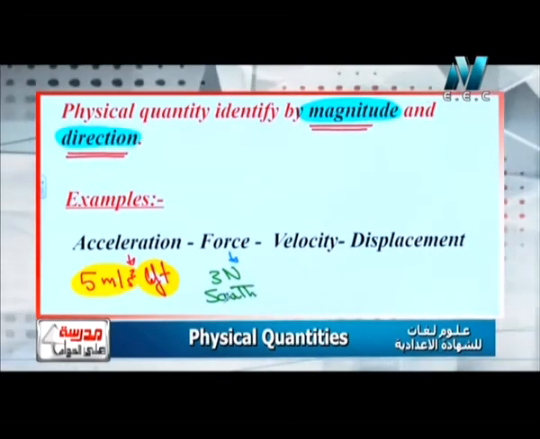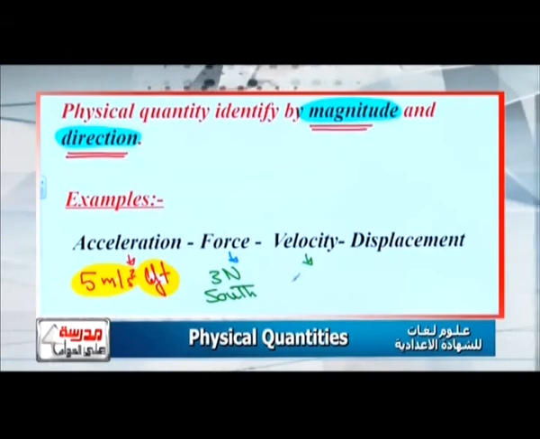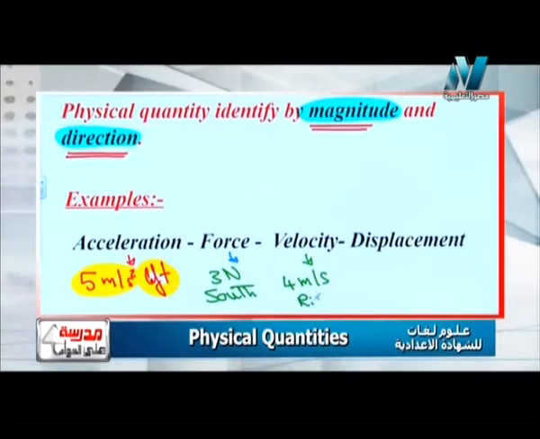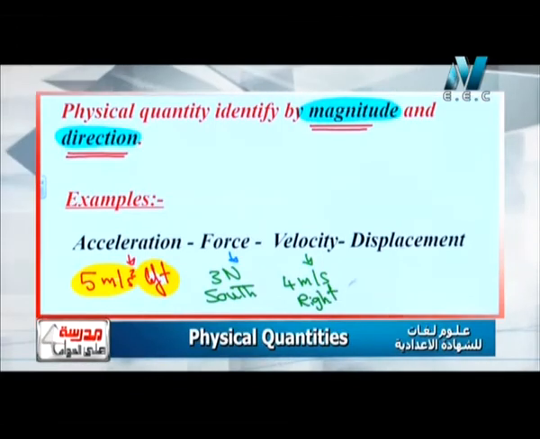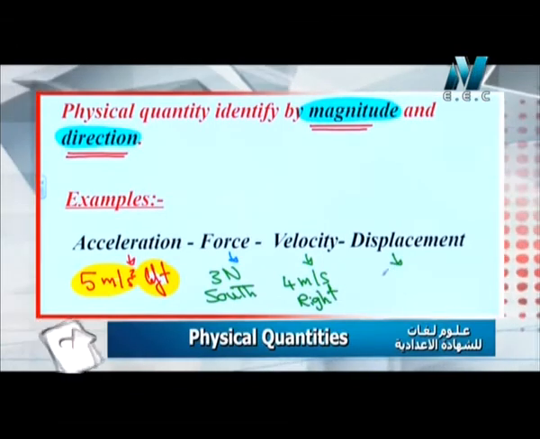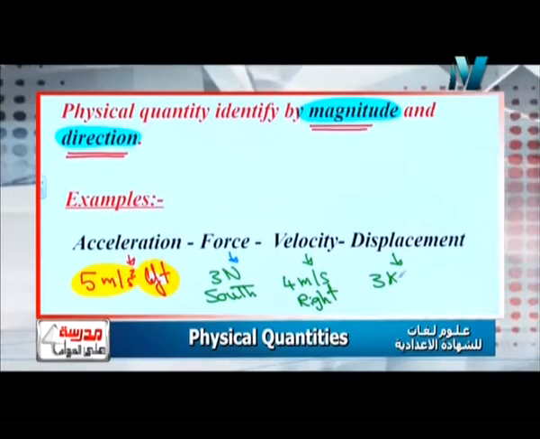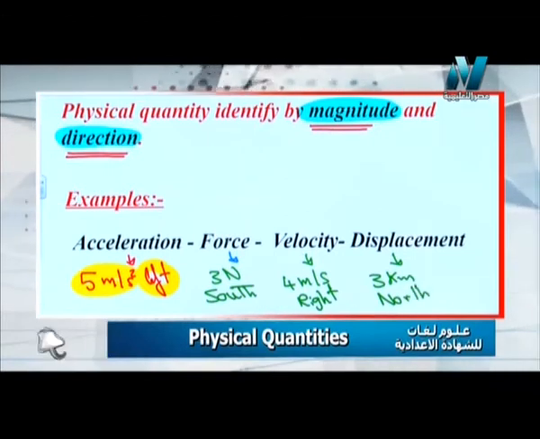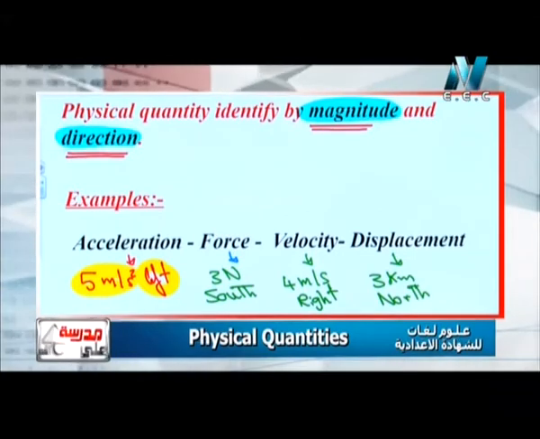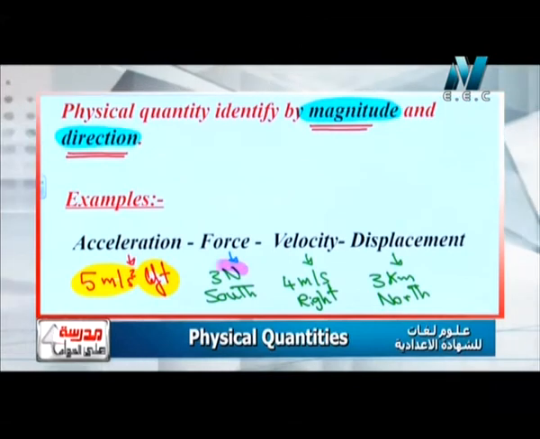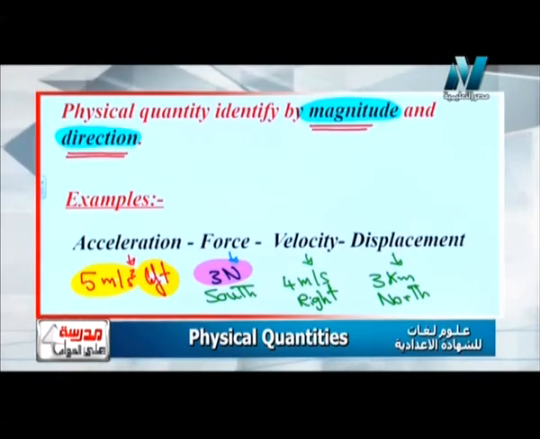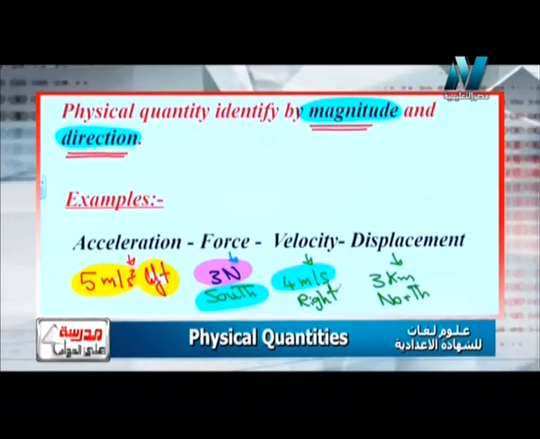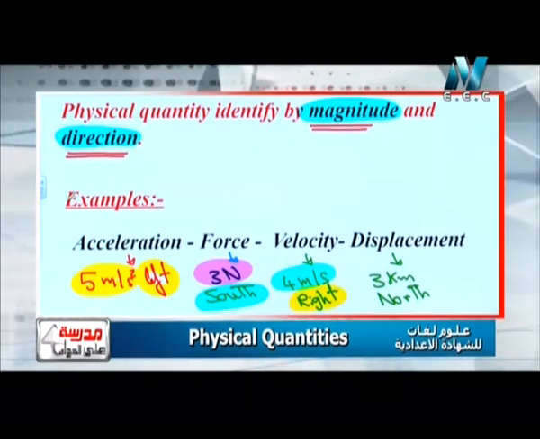Velocity, we can say 4 meters per second right, meaning toward the right. Displacement, we can say 3 kilometers, for example, north. So in these physical quantities, we identify by magnitude, and at the same time by direction, magnitude and direction, as you see in all physical quantities.